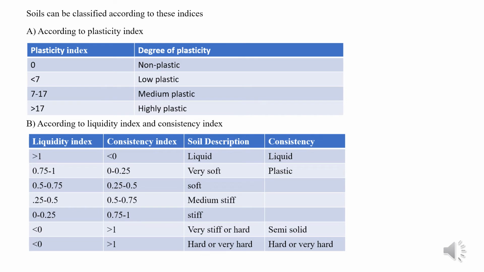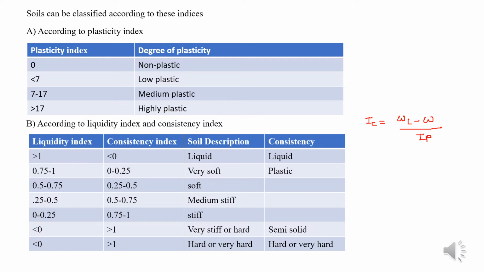Okay, so we see from the table that, for that, let me remind first of all what is my liquidity index and what is my consistency index. So consistency index is equal to (WL minus W) divided by IP.